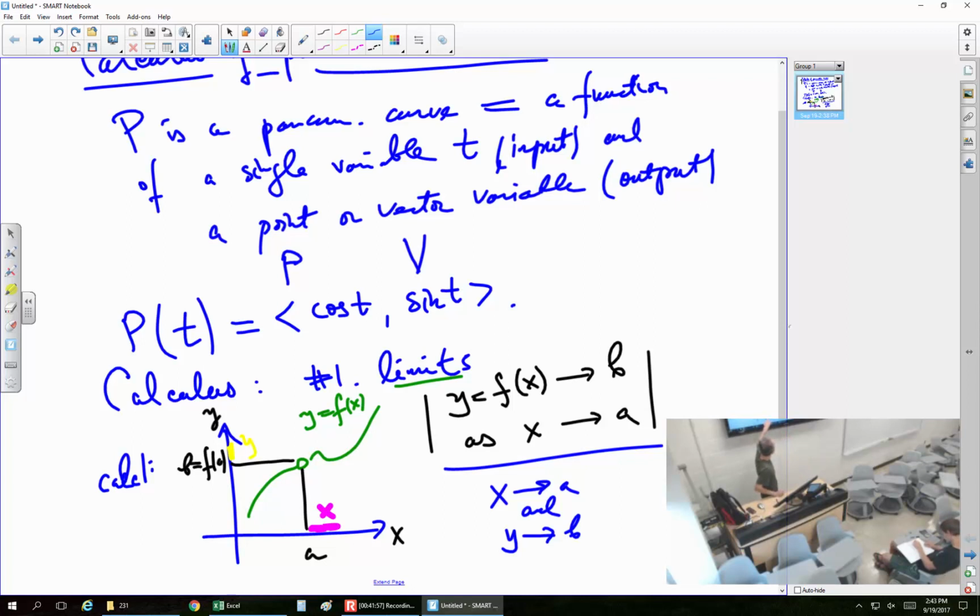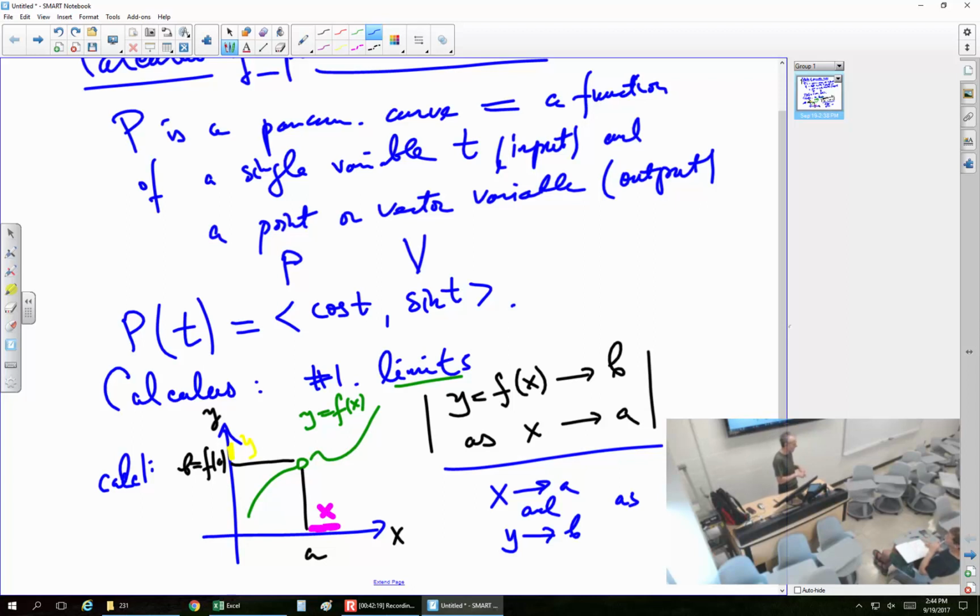It is illustrated by the same exact picture. x is here approaching a, y is approaching b. As you can see, there is no dependence of x on y or y on x. But we do have to point out what forces this to happen.